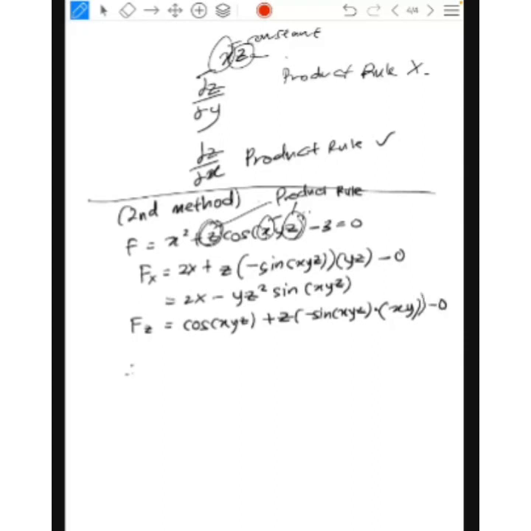Okay, so the del Z del X is equals to negative Fx is 2x minus 2yz squared sine xyz divided by cos xyz minus xyz sine xyz.